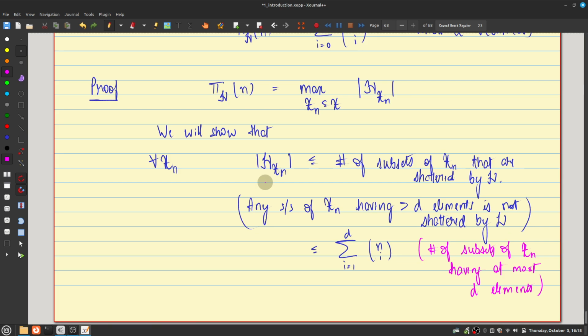Okay. So now all I need to show is that the growth function, or more generally, the size of the restriction on any subset of n elements is upper bounded by the number of subsets of Xn that are shattered by H. All right. So to do this, I'll define a bunch of different sets.